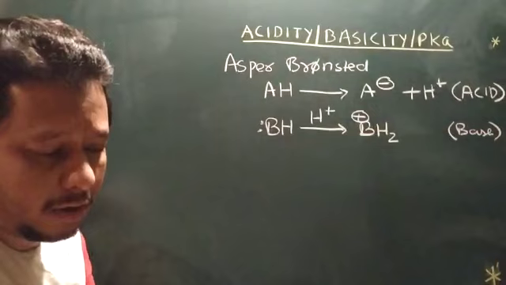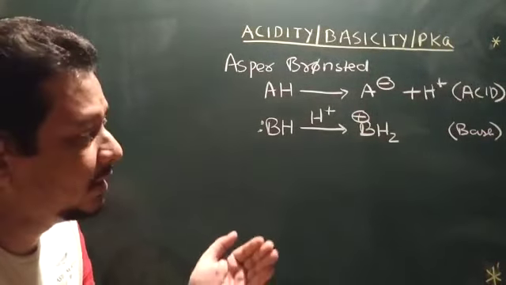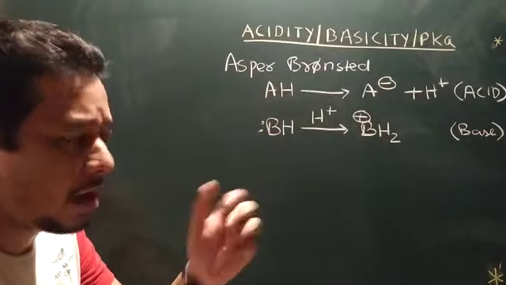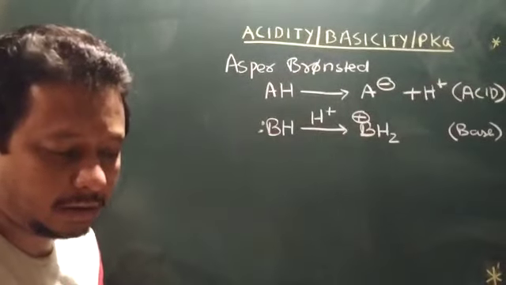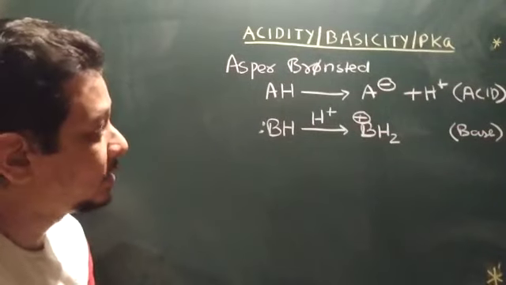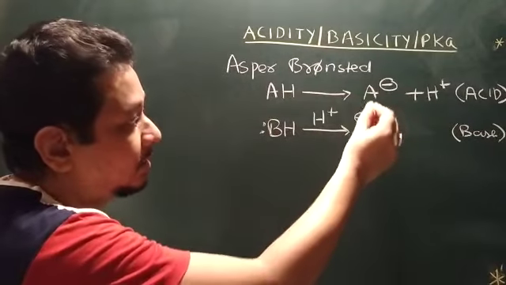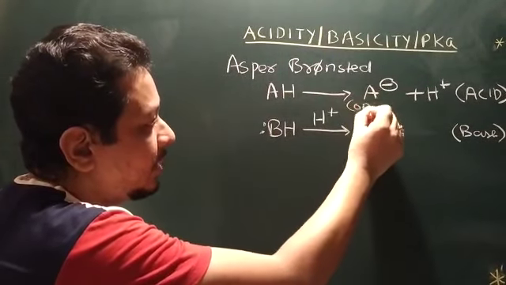Now I have already discussed what Lewis acid and Lewis base are in our earlier videos, especially the basics in organic chemistry. If this is the acid, then this A minus is known as the conjugate base.